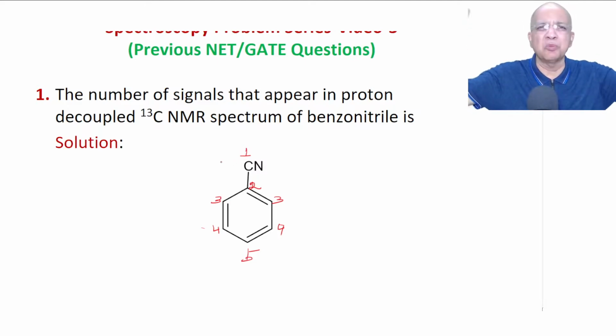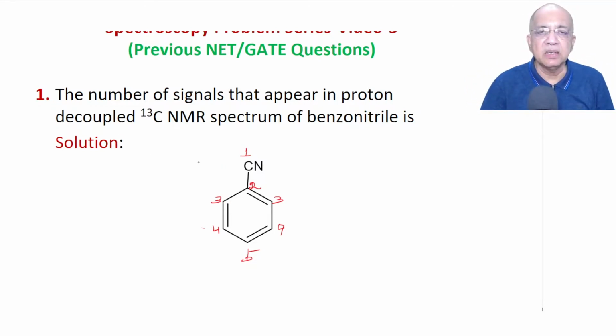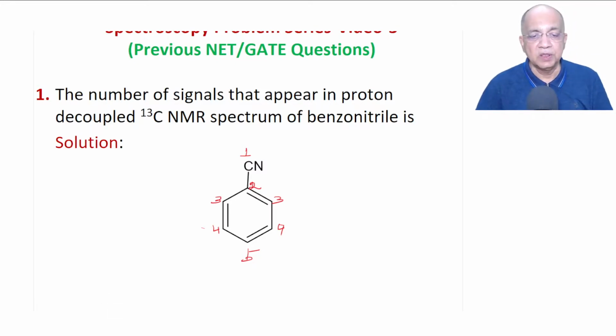You know the range of carbon-13 is very, very wide, 0 to 250 ppm, and the cyanide carbon is about 130, 140 like that. Let me remind you the different ranges of different types of functional groups.